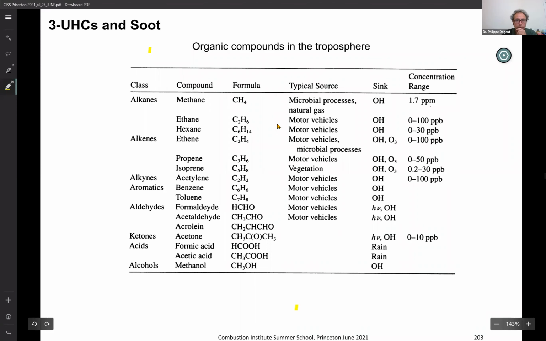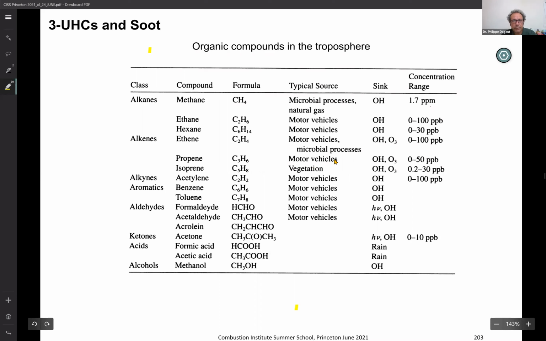Another important hydrocarbon present in the atmosphere is emitted by the alcohols. Same for other saturated hydrocarbons. Ethylene is a chemical which is also emitted by microbial processes.